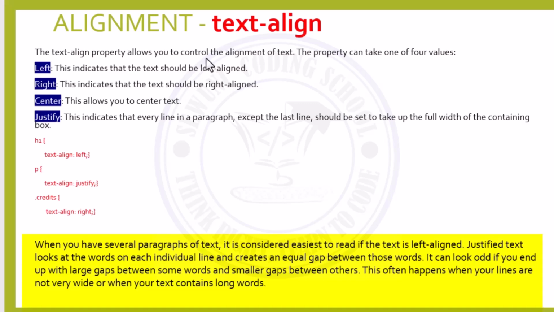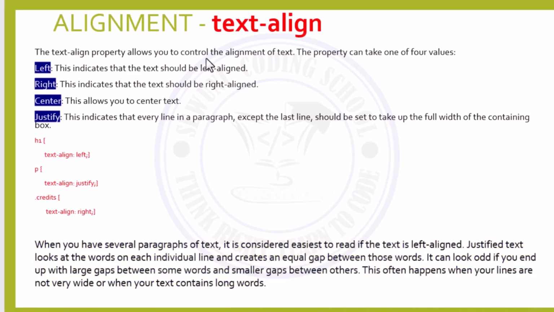It can look odd if you end up with large gaps between some words and smaller gaps between others. This often happens when your lines are not very wide or when your text contains long words.